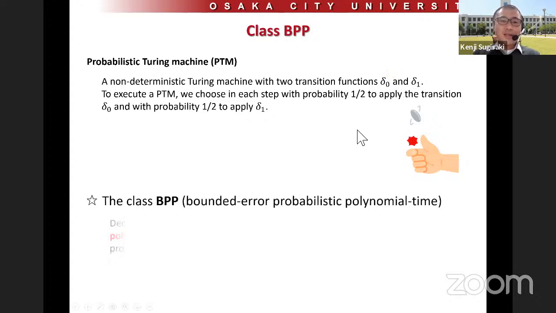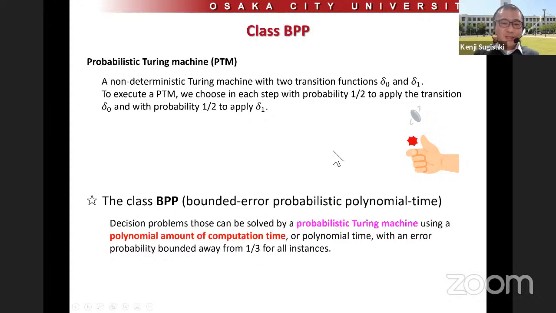And the class BPP is defined like this. A decision problem can be solved by a probabilistic Turing machine using a polynomial amount of computation time, with an error probability bounded away from 1/3 for all instances.